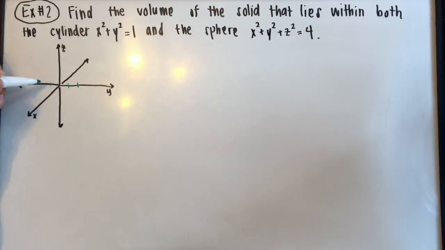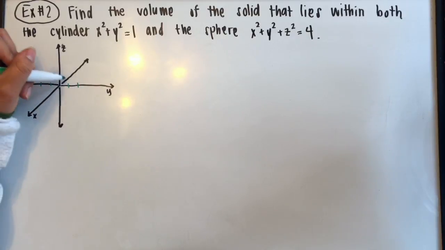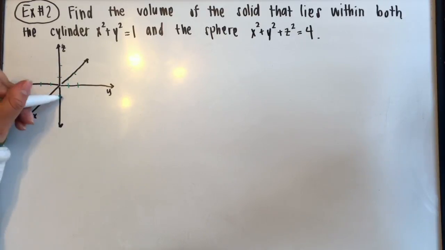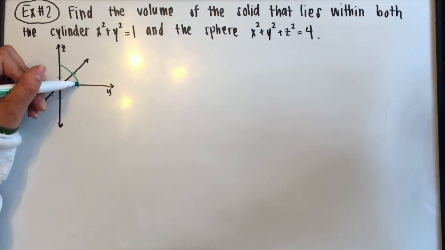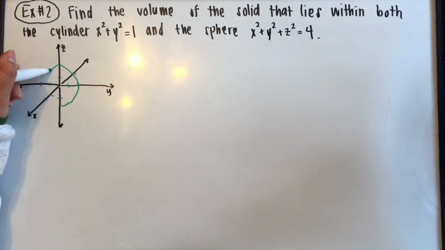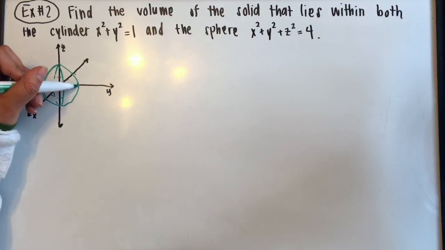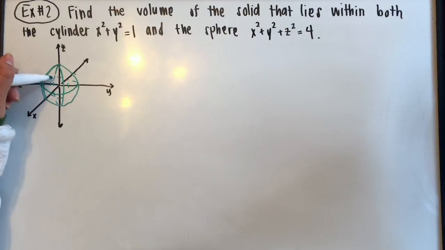So we draw our radius. It's a bit crooked, but you know, a radius.